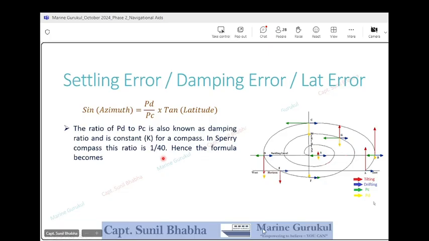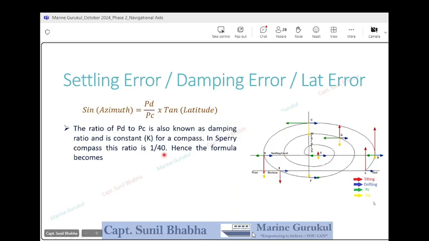Now the top heavy weight, 680 grams, is what generates the control precession. And the small weight, which is 17 grams, is what generates the damping precession. So 17 grams to 680 grams is exactly the ratio of 1:40. 17 fours are 68.